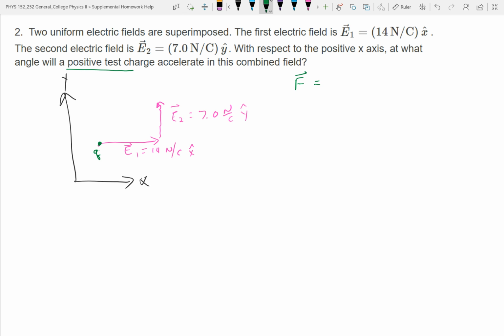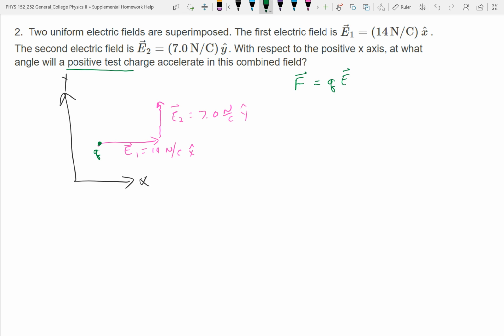I'm going to start with, what's the equation that relates force with electric field? F equals Q1 Q2 or KQ1... E. It's just QE. It's just like we used two problems ago, the last one.